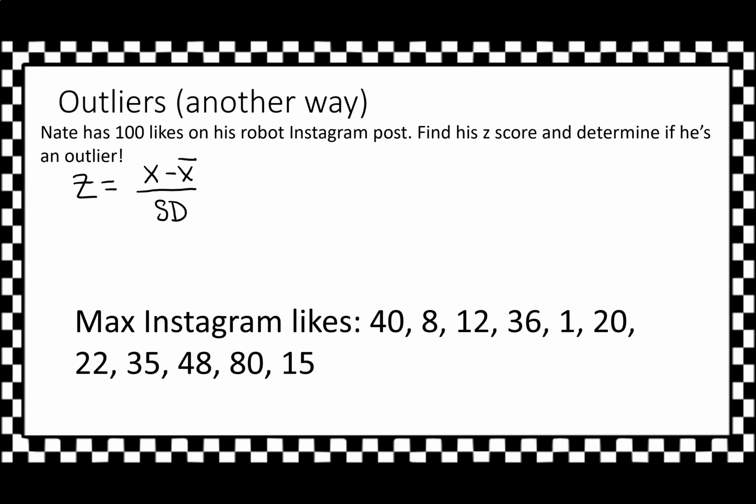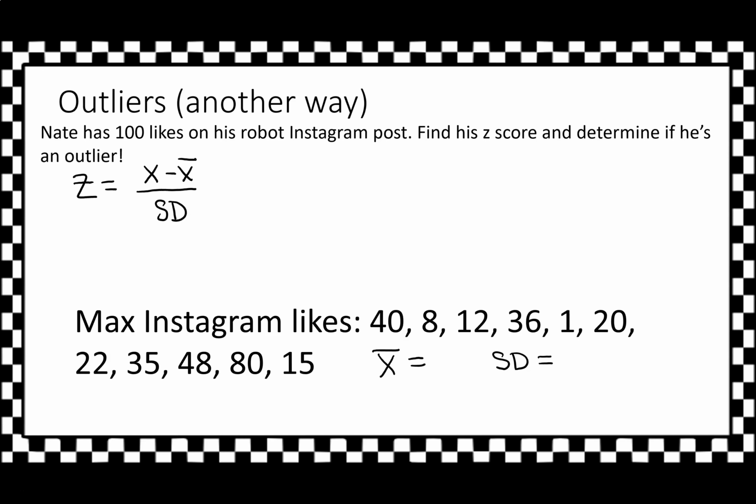Well, that's going to mean that I need to find my x bar, my average, and my standard deviation for the values below. You need to refer back to the graphing calculator video that I did showing you how to find this. Go ahead and pause this video and do that now and check your answers with me.